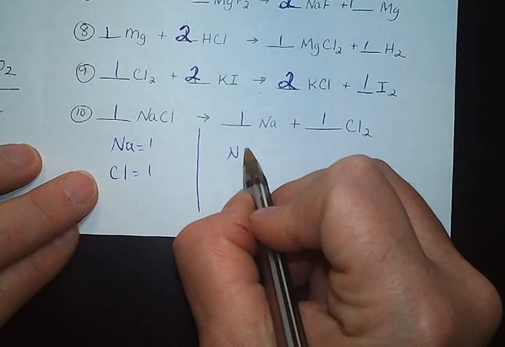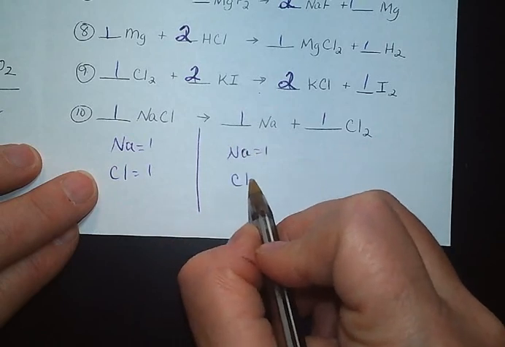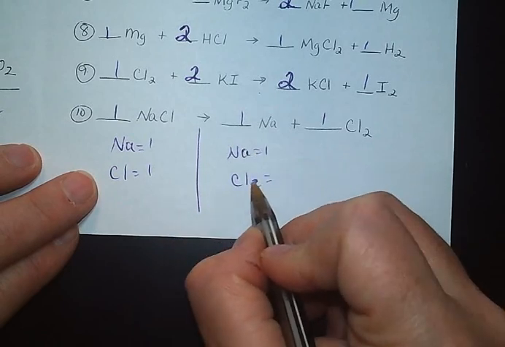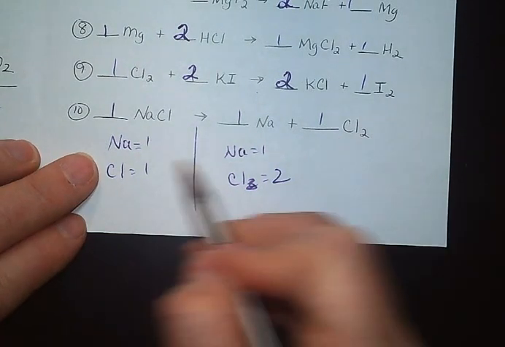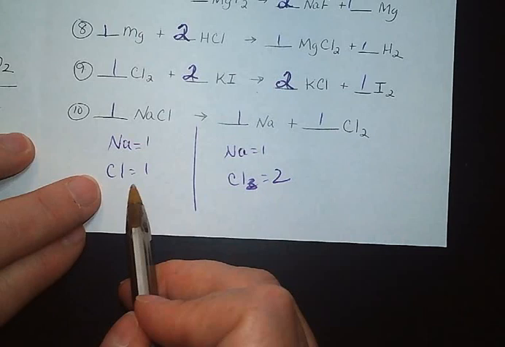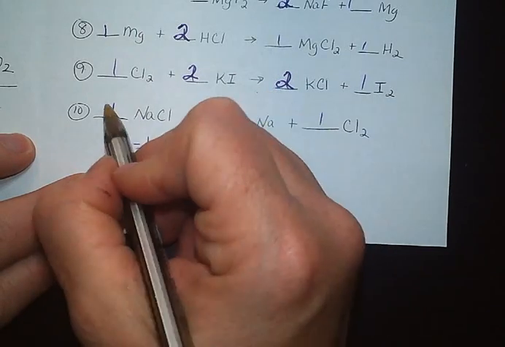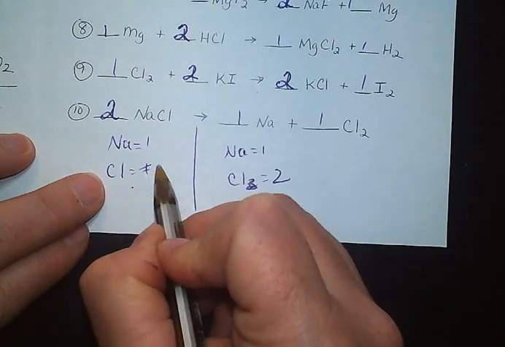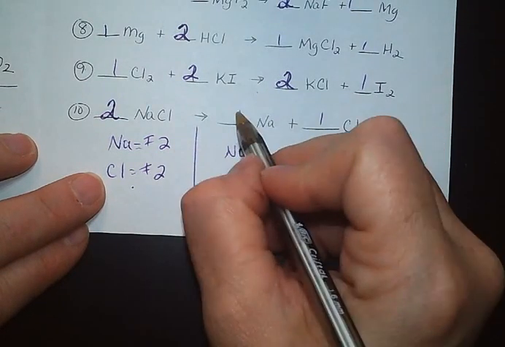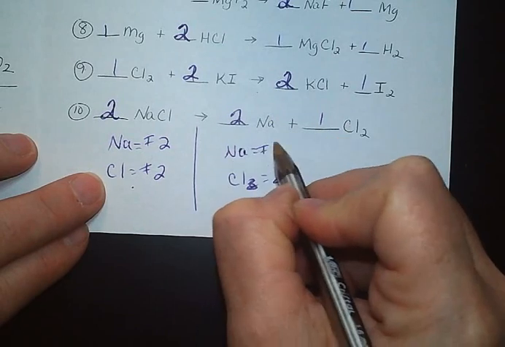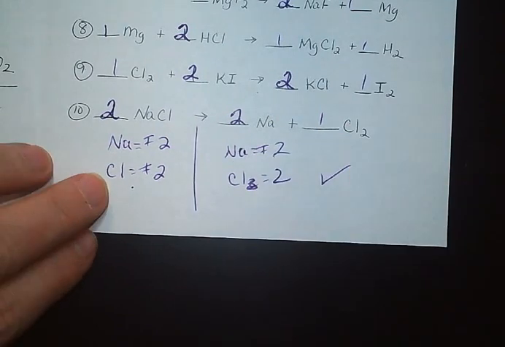So I have one of those, and I have chlorine gas. So I have 2 of those. So that's automatic. So what I need to do is, obviously I need 2 chlorines over here. So if I change this to a 2, that becomes 2, but it also changes my sodium. And if I come back over here, I change that to a 2, and now I'm balanced.